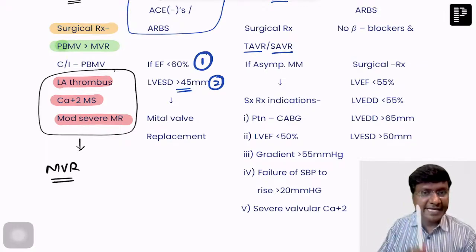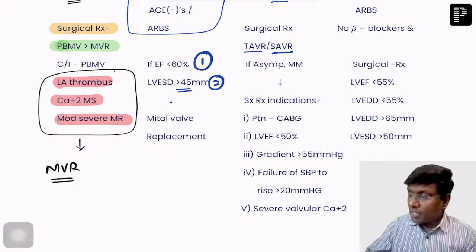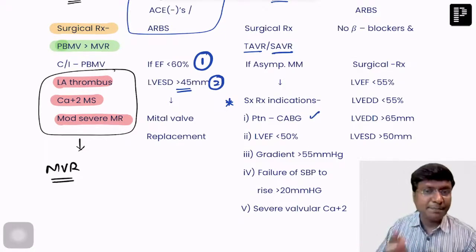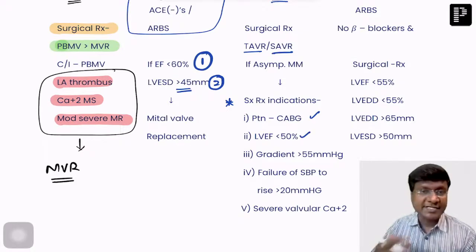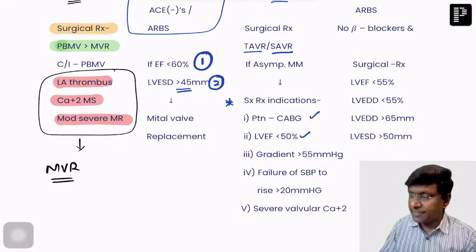And if the individual is asymptomatic, medical management is required. But what are the indications for surgical management in asymptomatic aortic stenosis? Number one, if the patient is planned for CABG and also has AS, do aortic valve replacement. Ejection fraction less than 50% with asymptomatic AS, aortic valve replacement should be done.